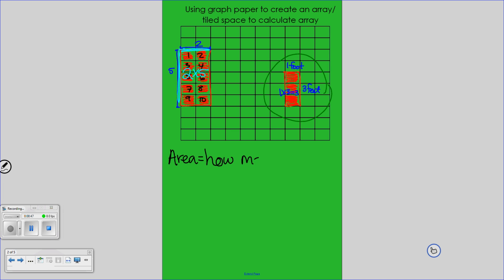How many square units is on the inside of that shape? And I think for the most part we worked with just rectangles today.